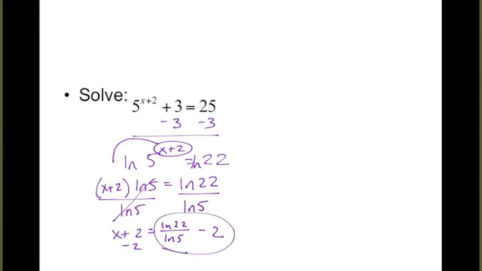And this is what we type into the calculator, making sure you close the parentheses after the 22 and after the 5. After the division. So should you press enter first, or does it matter? It doesn't really matter as long as you close the parentheses after the 5, or you could press enter. It doesn't really matter.